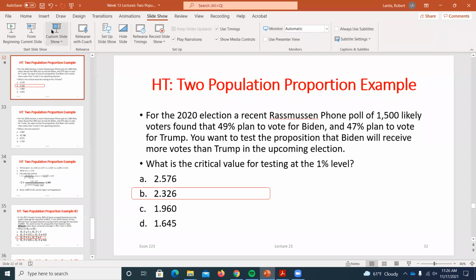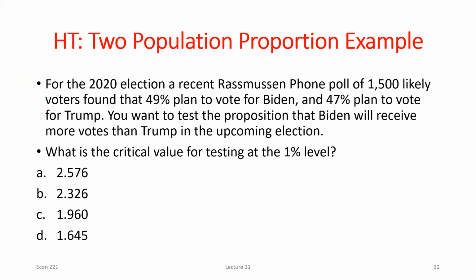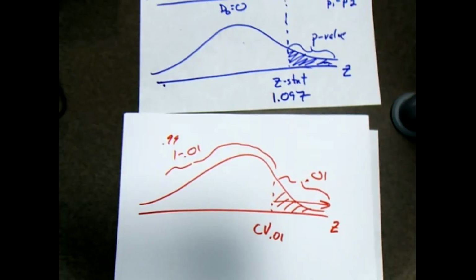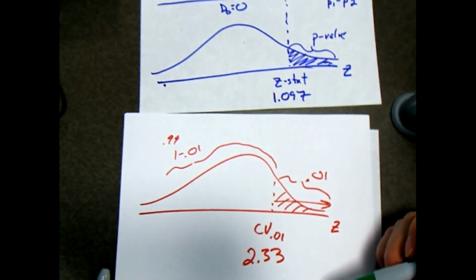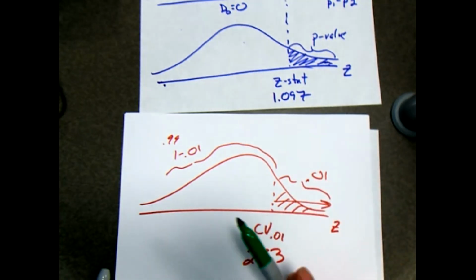But once we have that critical value, we just found 2.33 approximately. Now I'm just thinking about where my test statistic falls relative to that critical value. My critical value is really saying, if you find sample evidence that's more than 2.33 standard deviations away from that assumed true difference, then you're okay rejecting, because you're getting so far away that it's likely what you assume to be true isn't true.